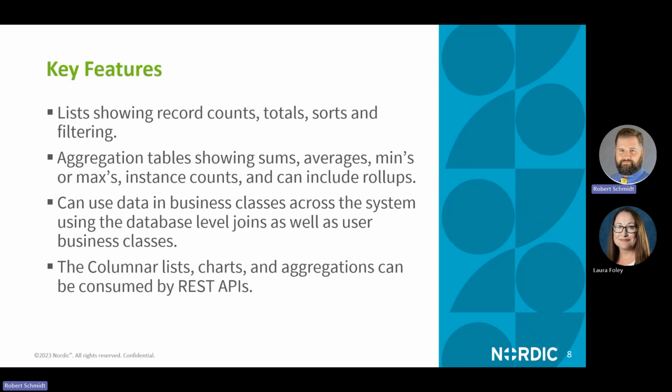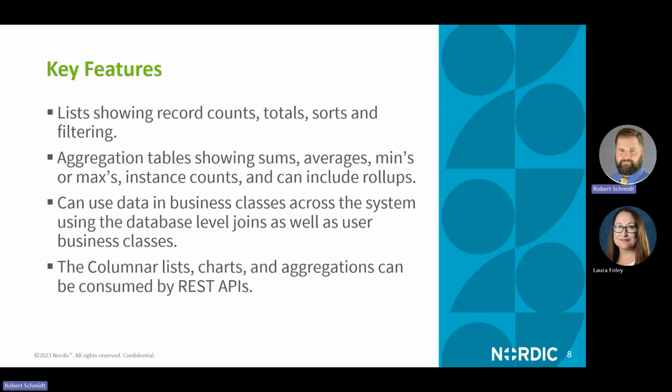As long as we're utilizing the database level joins, and whether we need to create some as well that are valid, accurate, efficient joins, we can access the data across the system in the delivered business classes, as well as accessing the data in a user business class, in order to provide data across for our solutions. And we'll talk about solutions that we had here in a second.